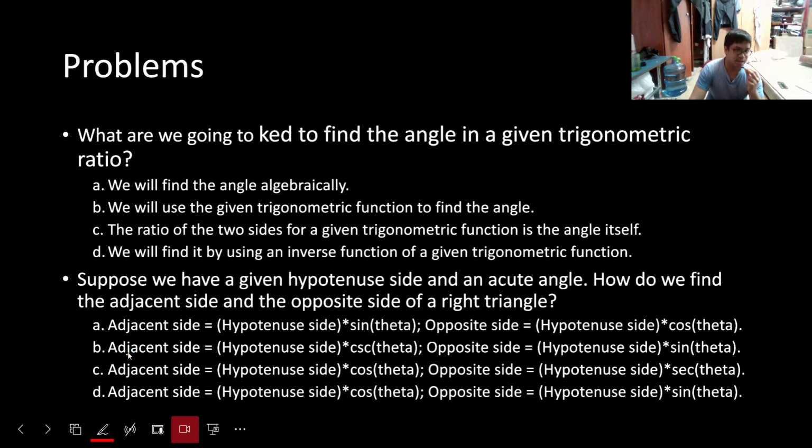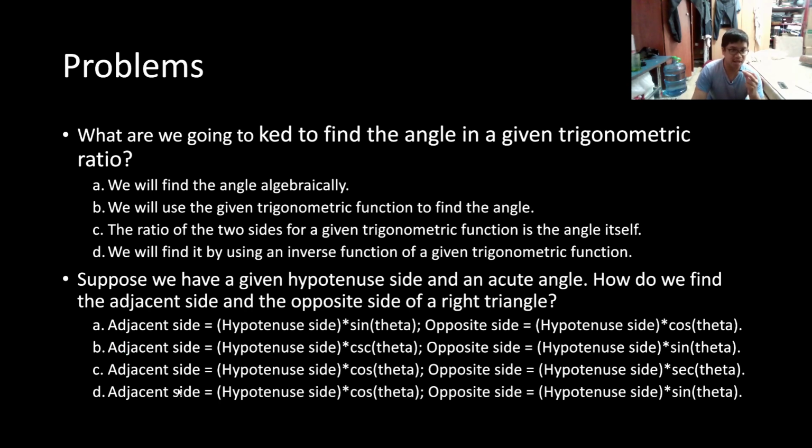A, adjacent side is equal to the hypotenuse side times sine theta, and for the opposite side is just hypotenuse times the cosine theta. B, adjacent side is hypotenuse times cosecant theta. Then for opposite side, it's hypotenuse side times sine theta.